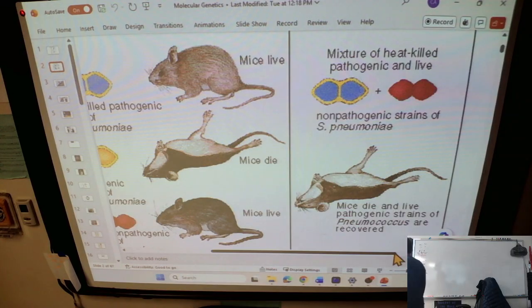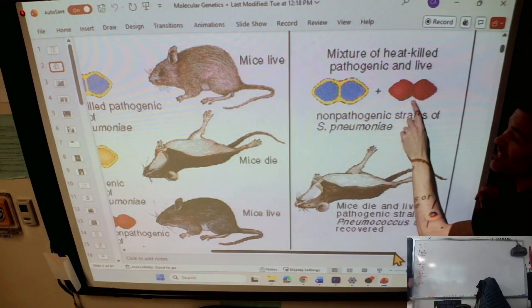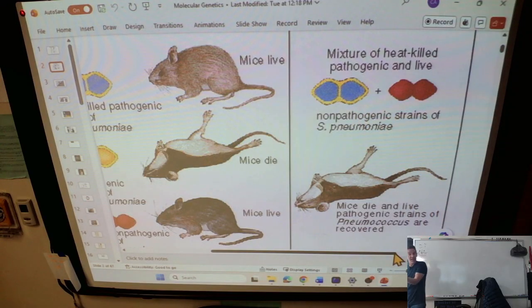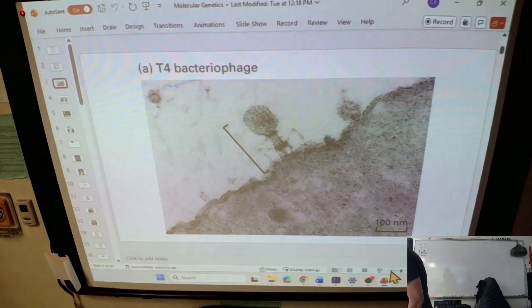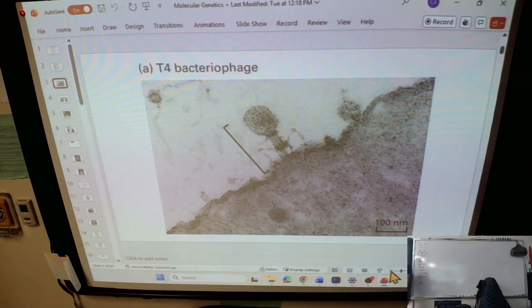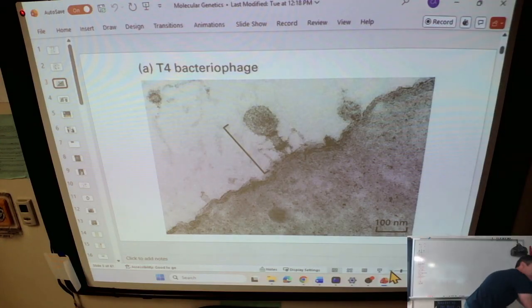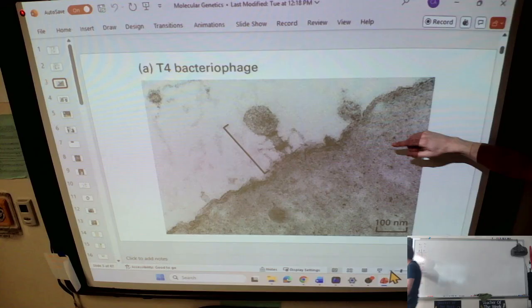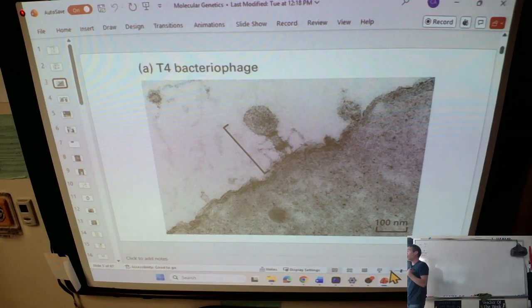So he learned that heredity is still there when the thing is dead, and it seems like it can move from one organism to another. The next people that come along notice that viruses, when they infect bacteria, behave differently than viruses that infect eukaryotes, like you and me. The viruses that infect bacteria usually don't go inside the bacteria, whereas the whole virus almost always goes inside our cells.